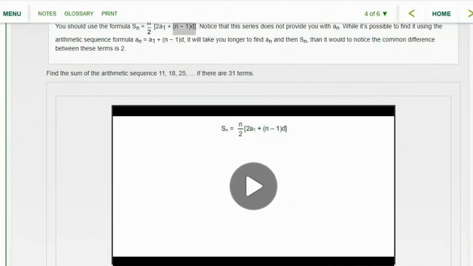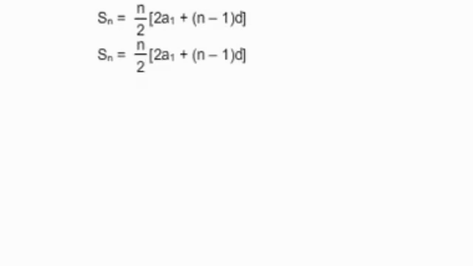But we're saying 3,596. Since you don't know the last term of the sequence, but can find the common difference, you will use the formula S sub n equals n over 2 times 2a sub 1 plus n minus 1 times d. First, define each variable. There are 31 terms in the sequence, so n equals 31. The first term is 11, making a sub 1 equal to 11.